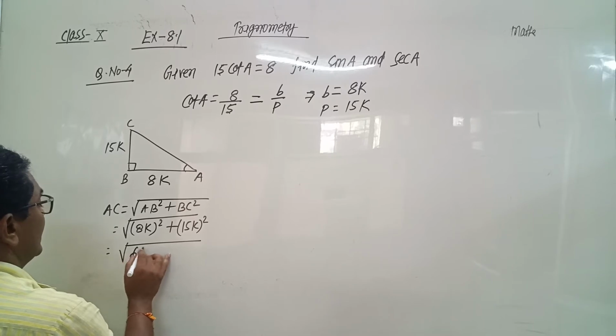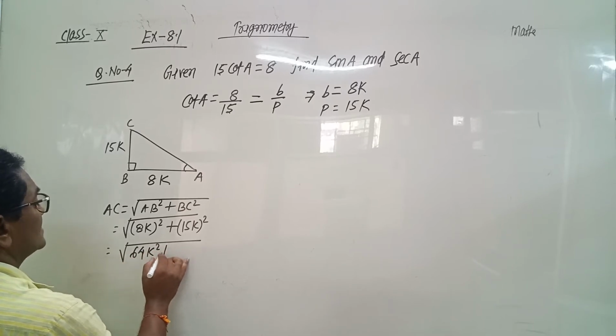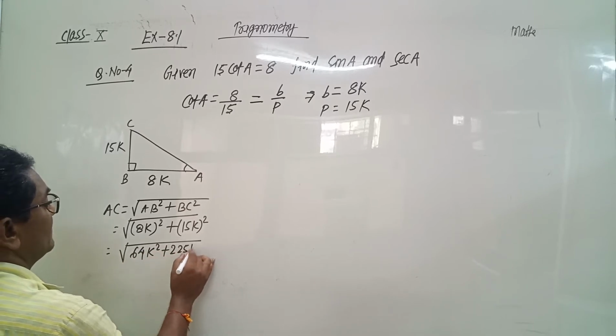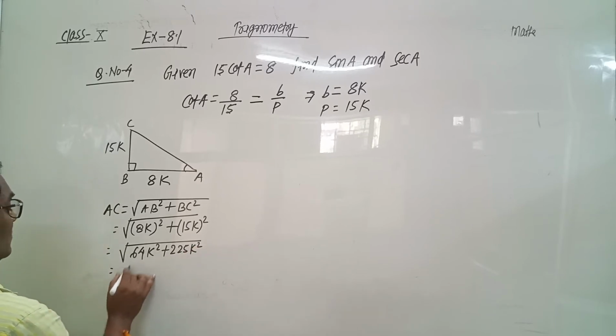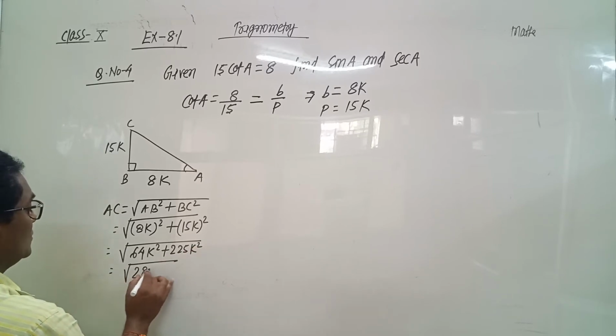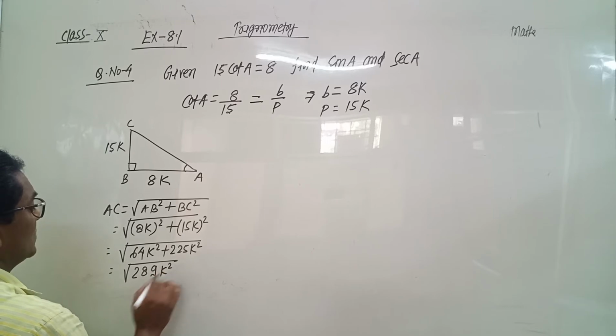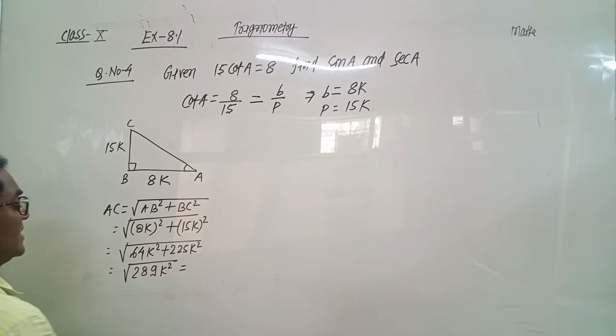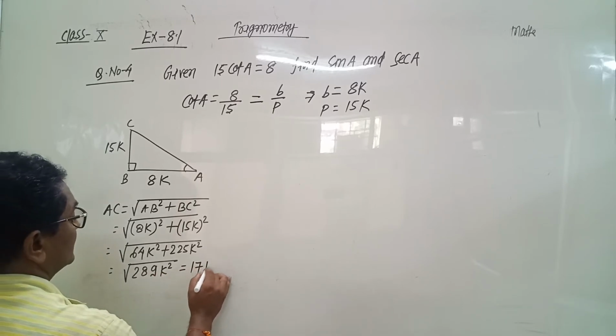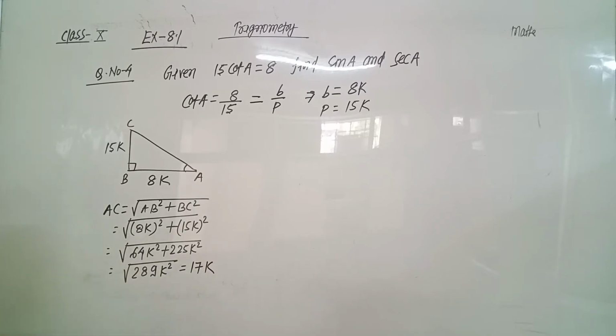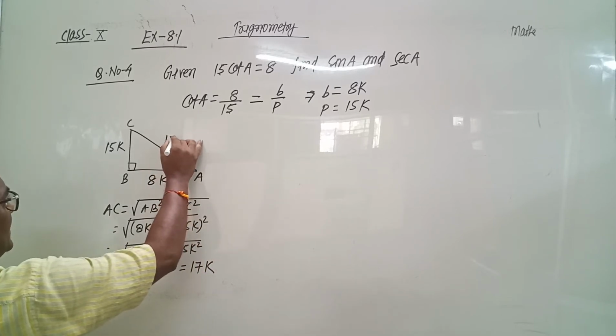We get 8 into 8, 64K square plus 225K square, which is root over 289K square, and its square root is 17K. So the value of AC is 17K.